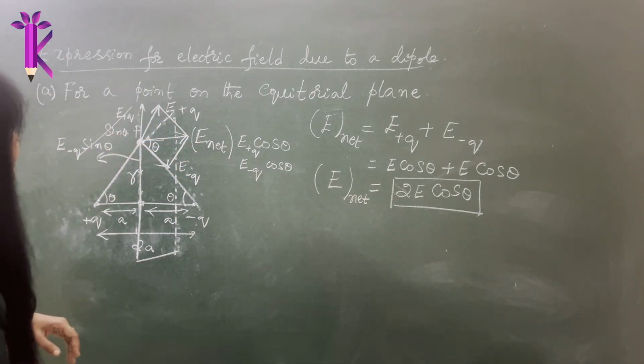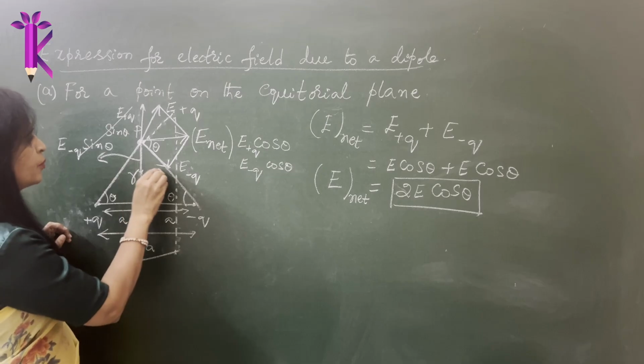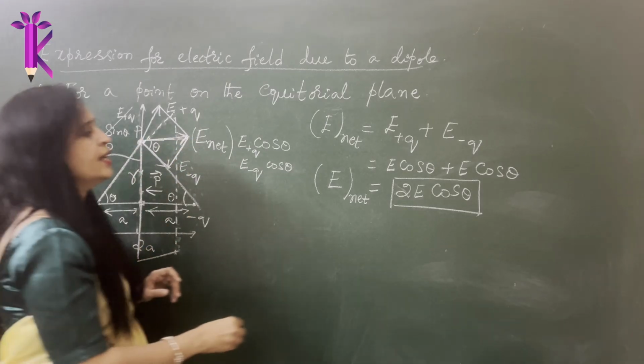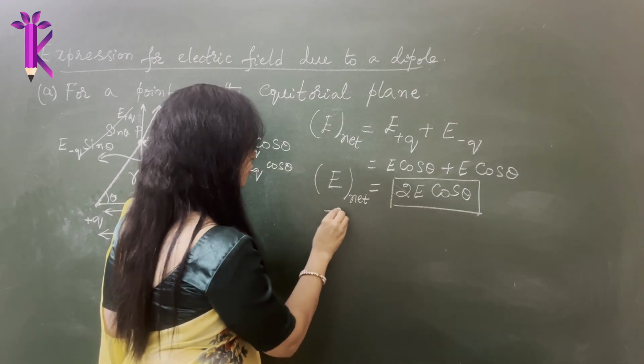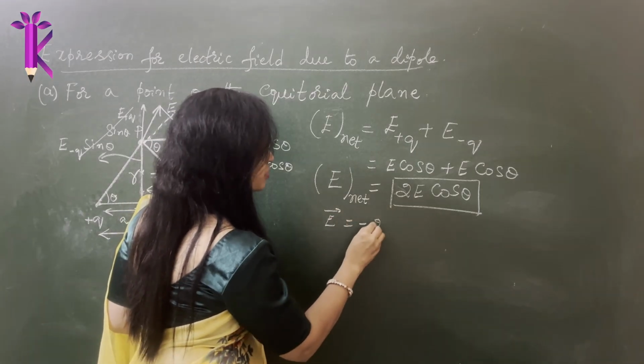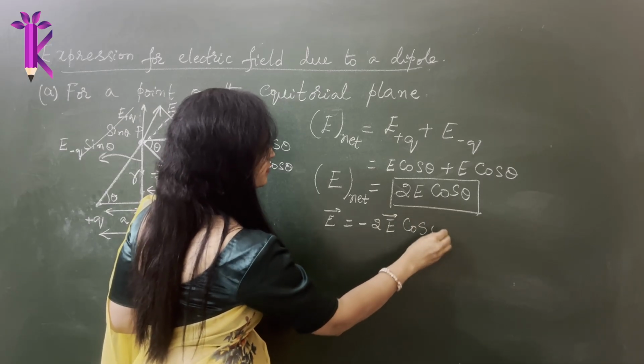Now if you write it in the vector form, what is the direction of the dipole? This is the direction of the dipole. What is the direction of the net electric field? It is in this direction. So they are opposite, therefore you get a negative symbol. In the vector form, this becomes minus 2 vector E cos theta.